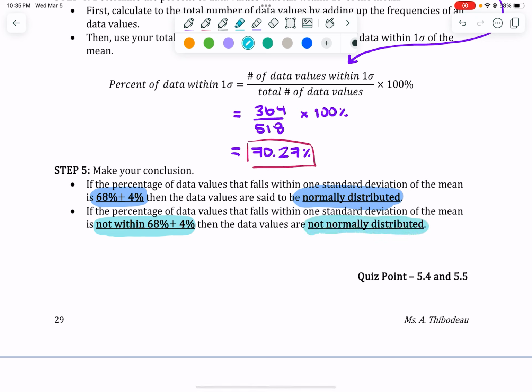And because we have quantifiable numbers with that firm threshold of yes, it is or no, it isn't, it's a lot easier to use than the graphical method, because the graphical method gives you a little bit of gray area and we don't know how to act in every situation. Algebraically, we do.